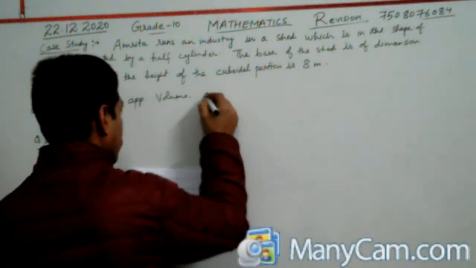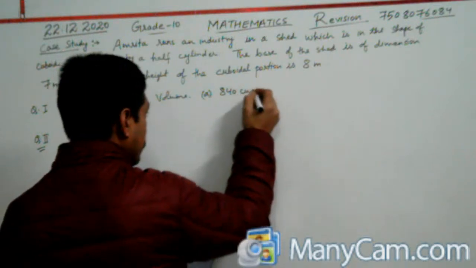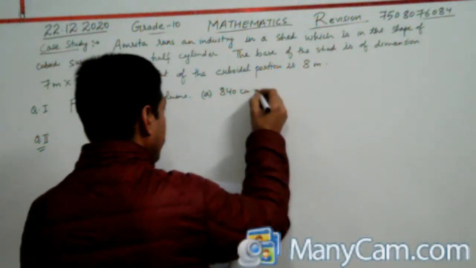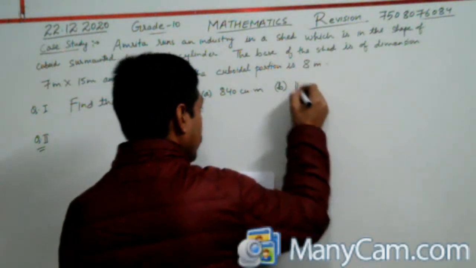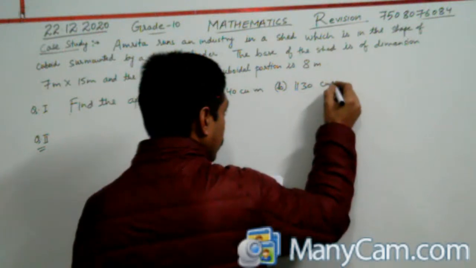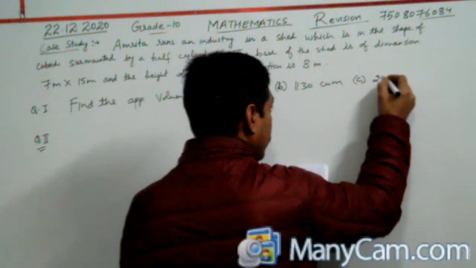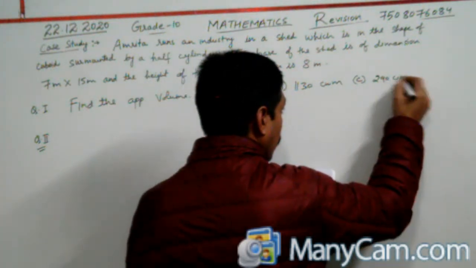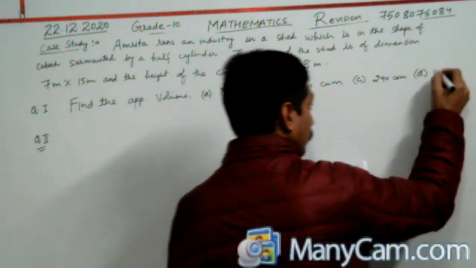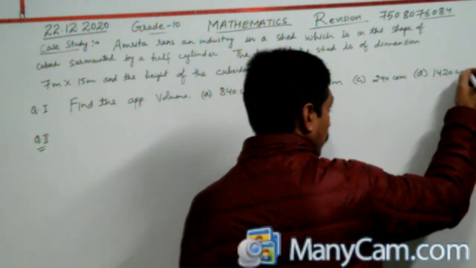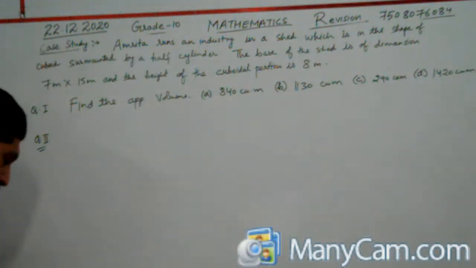Option A is 840 cubic meter, B is 130 cubic meter, C is 290 cubic meter, and D is 1420 cubic meter. First one, approximate value.